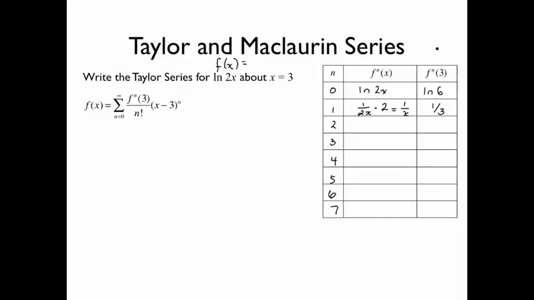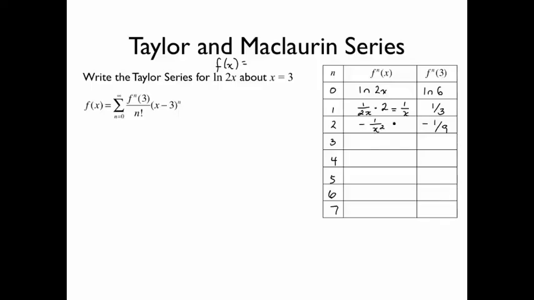Second derivative is going to be the derivative of that, which is negative 1 over x squared. Right? Because it would be x to the minus 1, so it would be negative x to the minus 2. Evaluated at x equals 3 is negative 1/9.